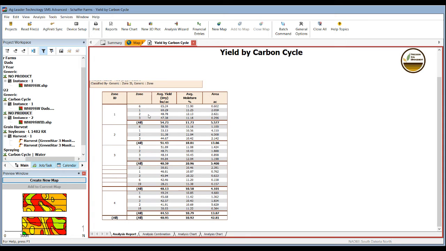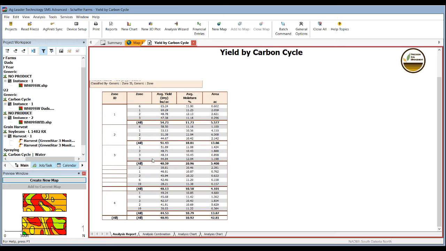Zone 2 in the Carbon Cycle was 48.8. In the non-Carbon Cycle was 51.4. Zone 3 in the Carbon Cycle was 47.4, and in the non-Carbon Cycle was 44.7. And that was the further north test of Carbon Cycle.